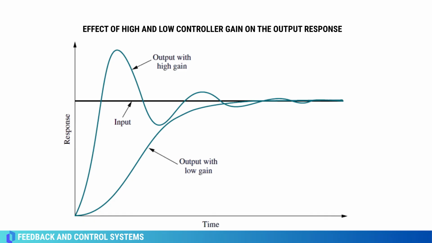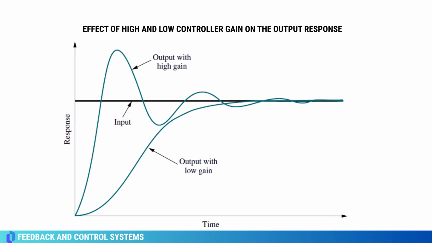So as you can see here, on the x-axis we have time and on the y-axis we have response. For the desired response, you can see from the output with a low gain, the transient response is moving towards a steady state. That is the output with a low gain. As time goes by, it reaches the steady state response.